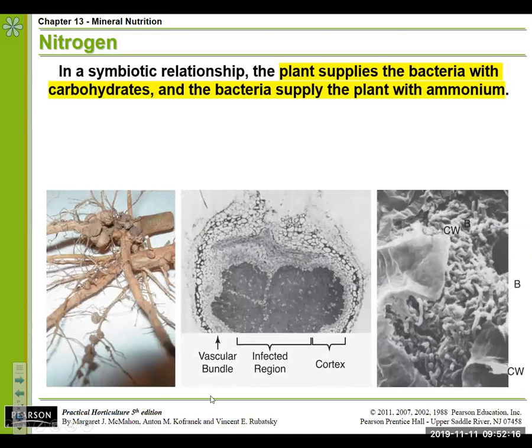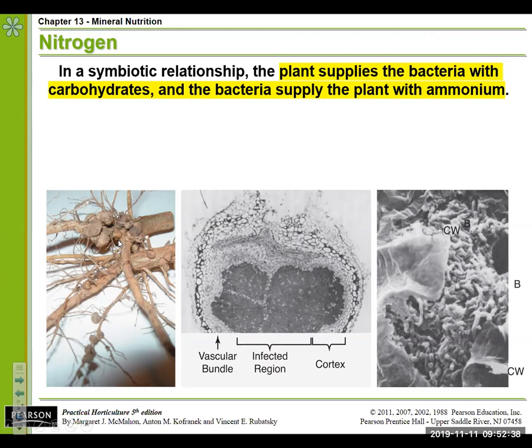It's a symbiotic relationship. So here on the left, we've got the actual nodules on the roots of the plant. The plant is supplying the bacteria that live in these nodules, first with a home, but also with the carbohydrates, the sugars that the bacteria need to survive.